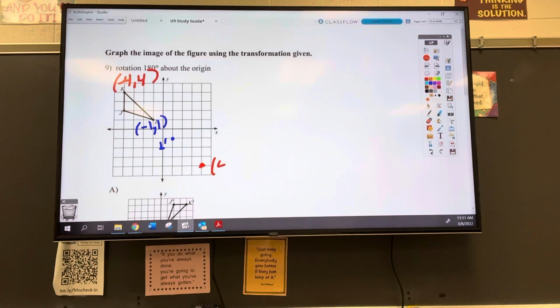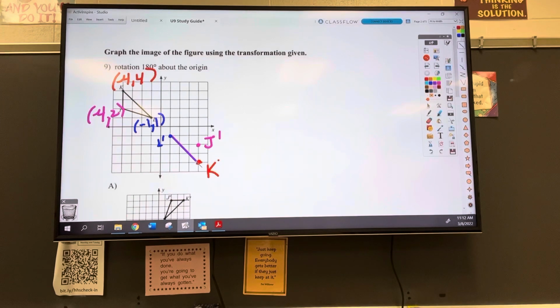I'm not going to write the quadrant or the ordered pair. I'm just going to write that's K prime. And lastly, J is at negative 4, 2. So that will move to 4, negative 2. There's J prime, and then we just connect these points.